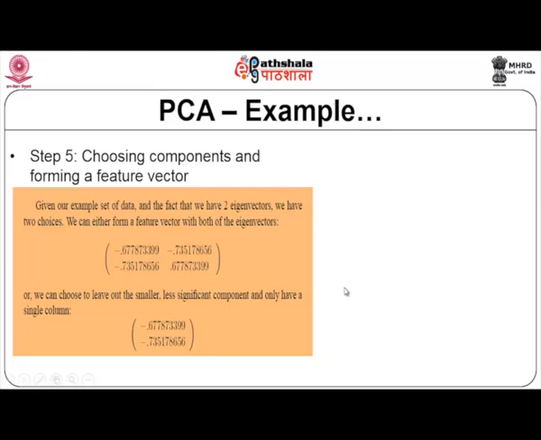Therefore, in this example, we are going to leave out one of the vectors, and you can choose one, say for example minus 0.677 and 0.7351, the vector represented by these two values, for the purpose of analysis. What does it indicate? This vector indicates a high variation in your data along a specific dimension, and that particular principal component may be chosen for analysis.